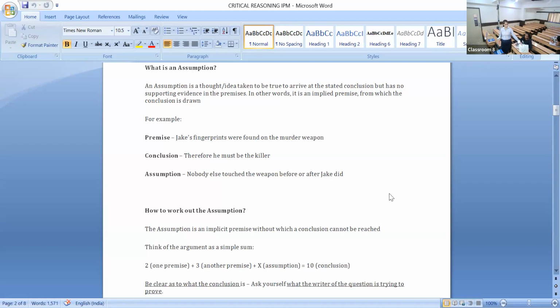This is the book. If you want to get it Xerox or something, you can get it. You got the Xerox.